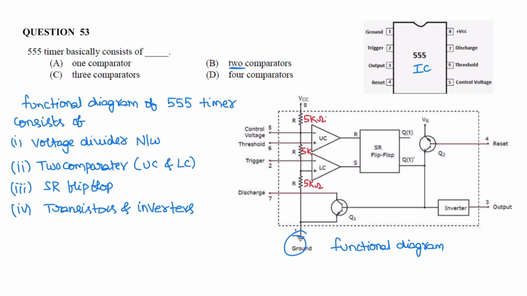These are the different applications of the 555 timer. But the question is, it consists of two comparators. From the functional block diagram, it consists of a voltage divider, two comparators, an SR flip-flop, transistors and inverters.